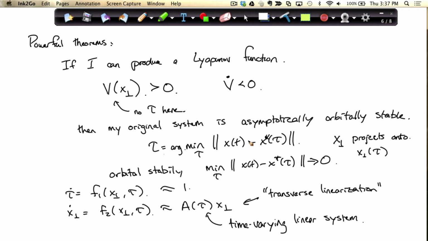Throw that one away, but build a new coordinate system. You can pick an orthogonal basis that starts with that as the first vector. Or more generally, if they have to line up with switching surfaces, you can pick some basis set that is linearly independent of that vector.